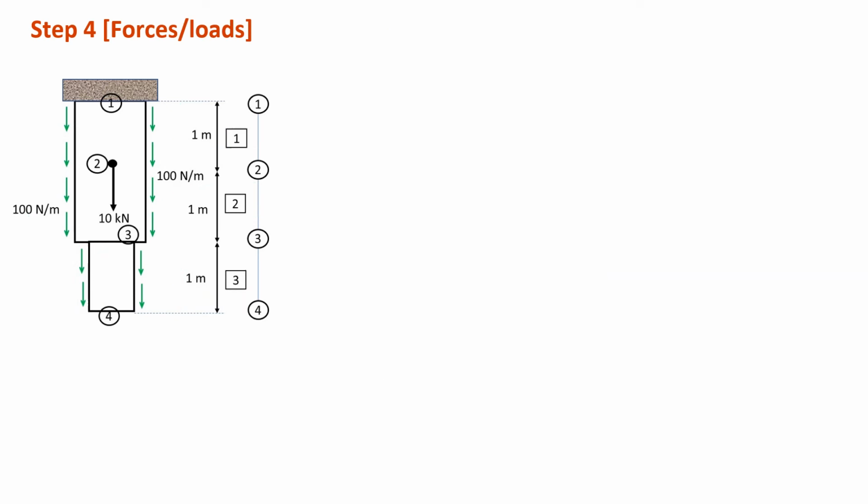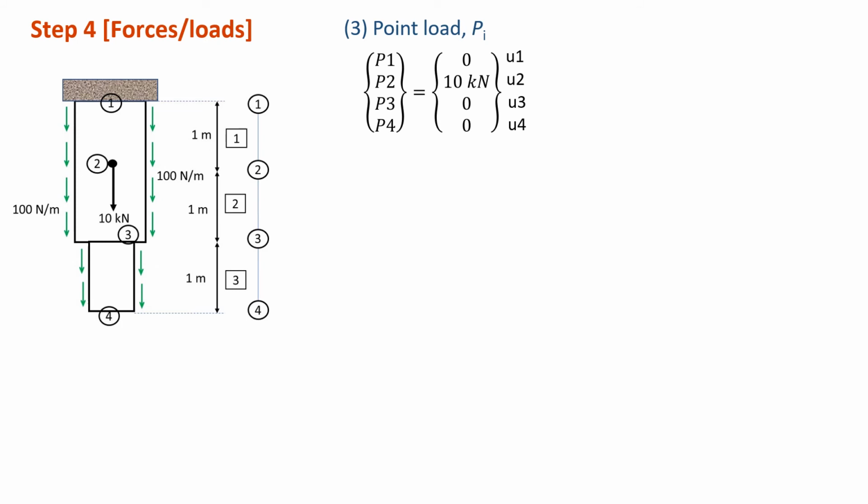The next step is to consider the point load. Just looking at our diagram, at P1 here, we don't have any point load. We don't have any point load acting on node 1.